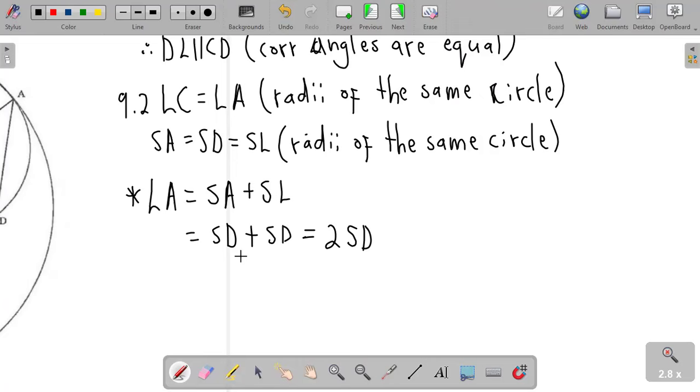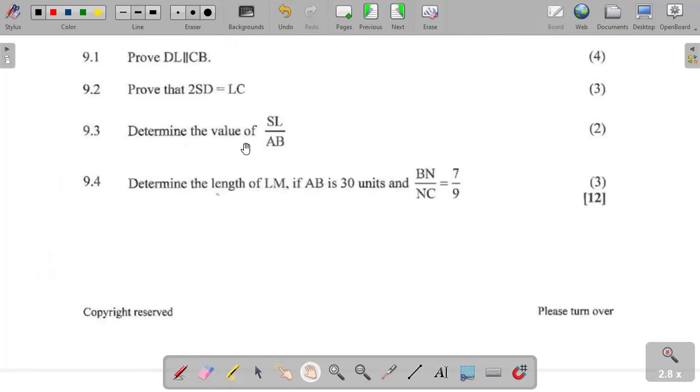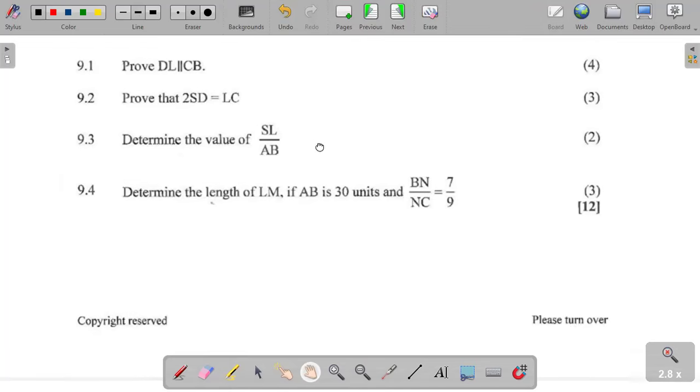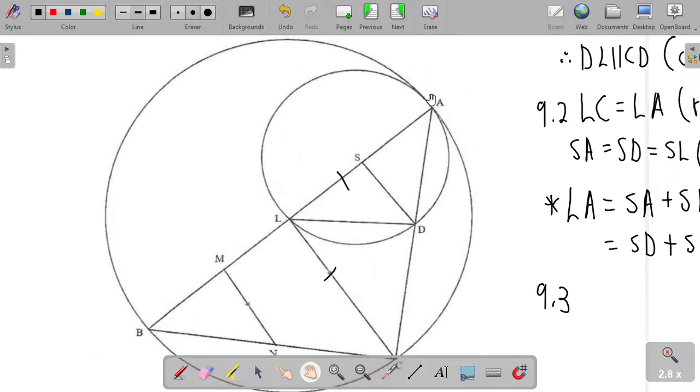Then let's go to 9.3. What are we asked here? They say, determine the value of SL over AB. SL over AB. Where's AB?